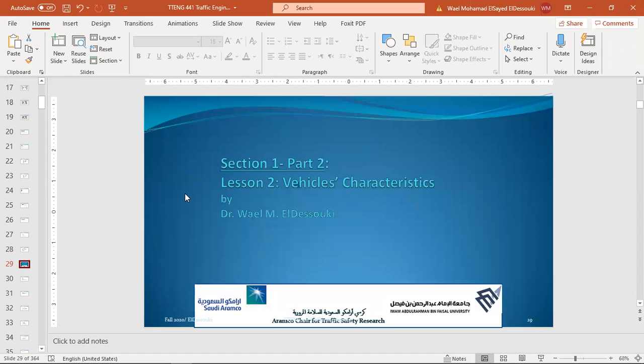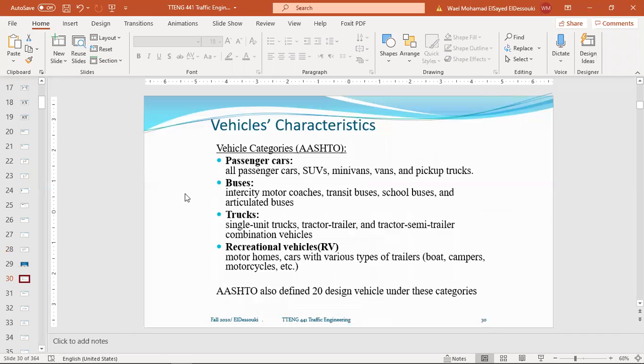Then the second characteristic we discussed was vehicle characteristics. In vehicle characteristics, we divided the vehicles according to AASHTO into 4 major categories. The first category was passenger cars, then buses, trucks, and recreational vehicles.